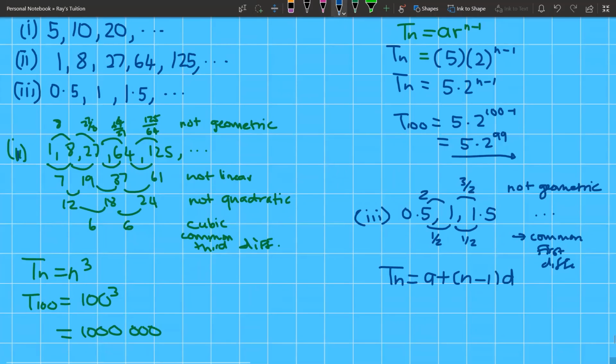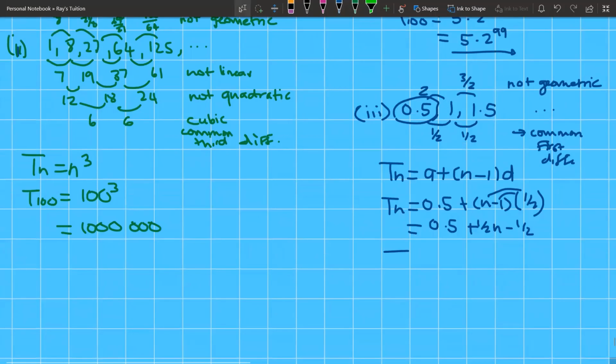A is the first term, which is 0.5, plus n minus 1 times our common difference, which is also a half, or 0.5. Distributing that, we get a half n minus a half. The halves cancel out, so we have that Tn is a half n.